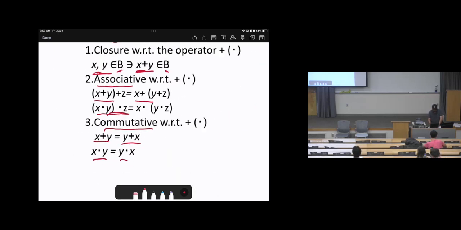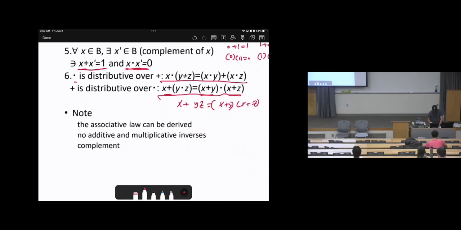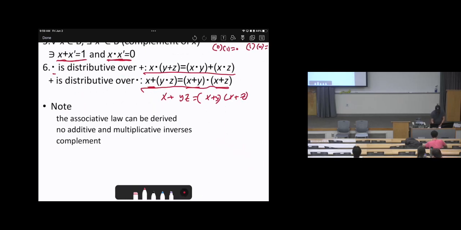They are all well known, but the only thing that might be new to us, which is not applied in mathematical algebra but is applied in Boolean algebra, is that the plus is distributive. So it will be x plus y, then x plus z. Among these 6 idioms, this one looks new.